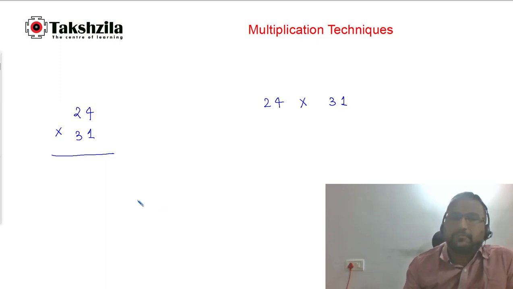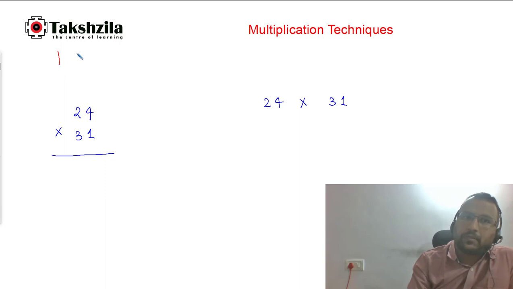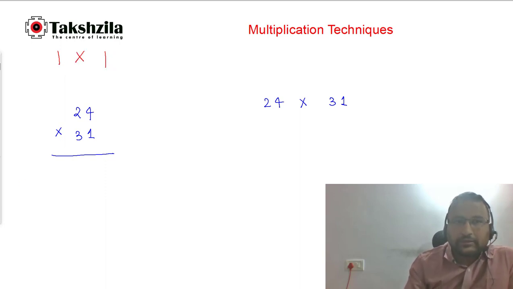Over here you need to remember one diagram. The meaning of this is 4 into 1. The meaning of this is cross multiplication, 2 into 1, and then 4 into 3, and then addition of both. And the meaning of this is 2 into 3.